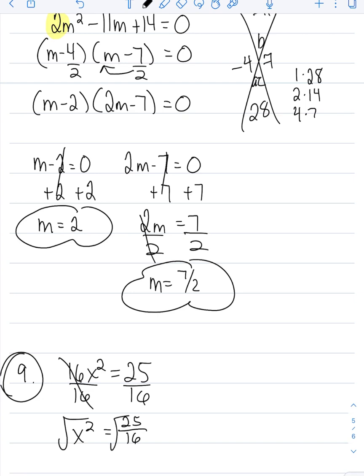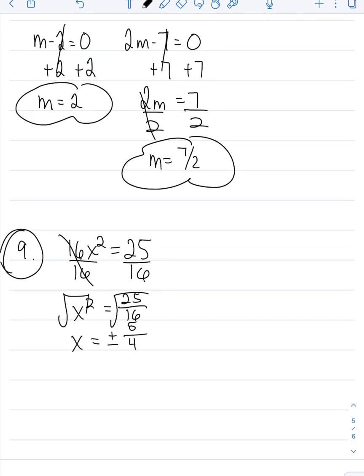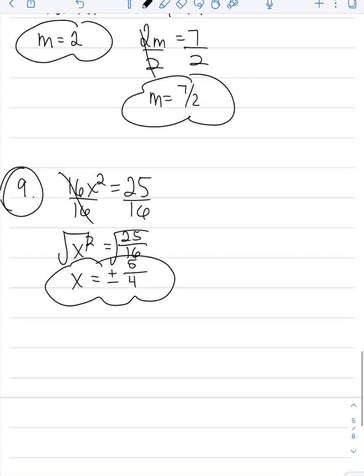We can take the square root of both sides, so we get our two solutions as positive or negative. What's the square root of 25? It's 5. What's the square root of 16? It's 4. So that's going to be the most straightforward strategy there. So our two solutions are positive 5/4, negative 5/4.